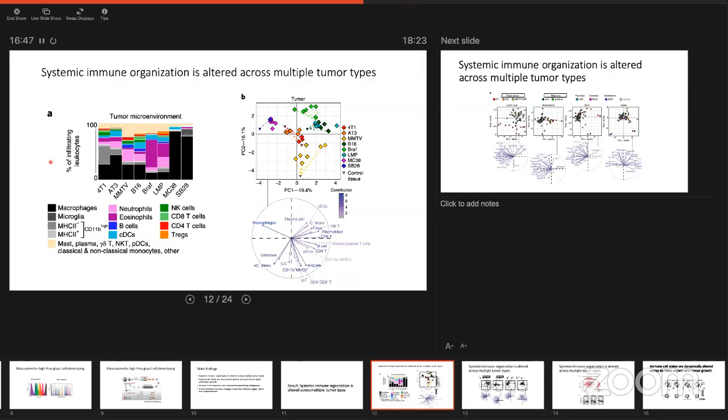But what if you put one type of cancer on one side of the mouse and another type of cancer on the other side? What would happen to the microenvironment? Could some of the differences you find associated with one cancer be dominant over the other?